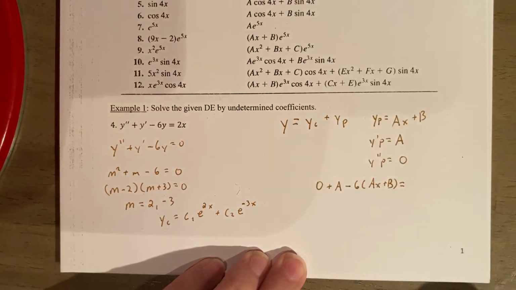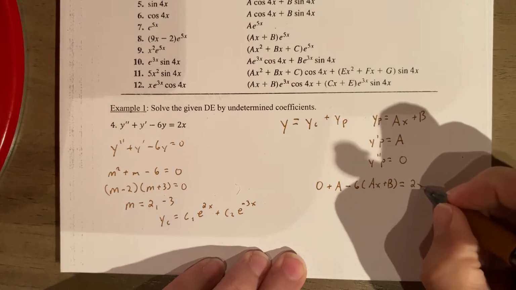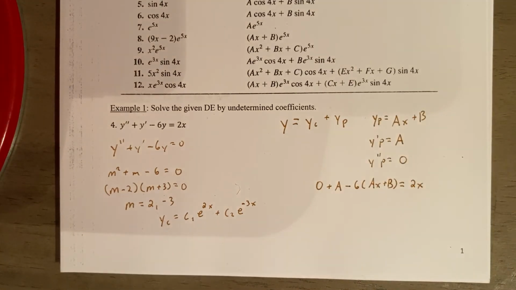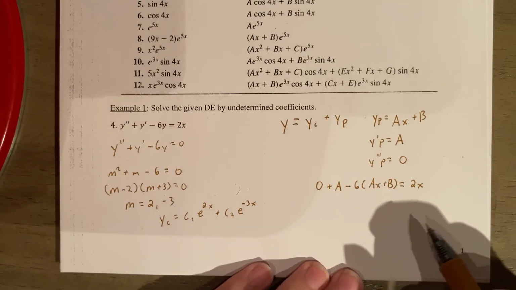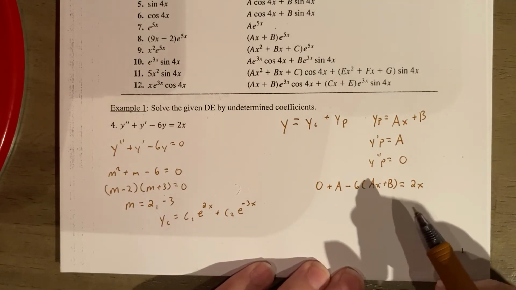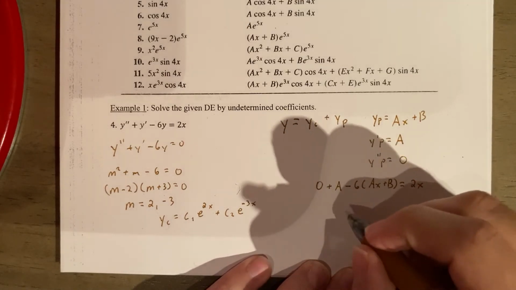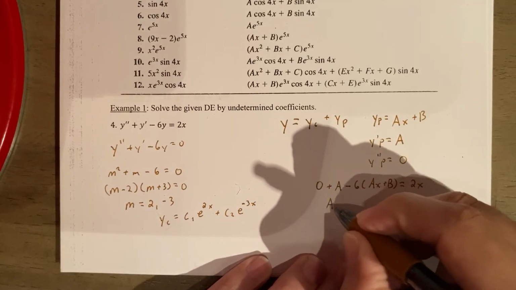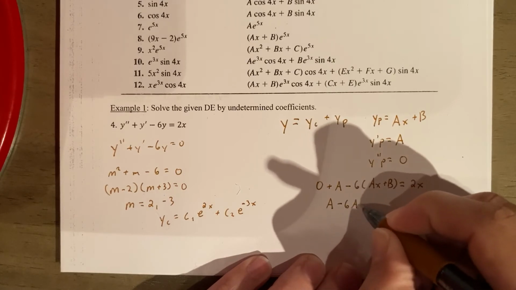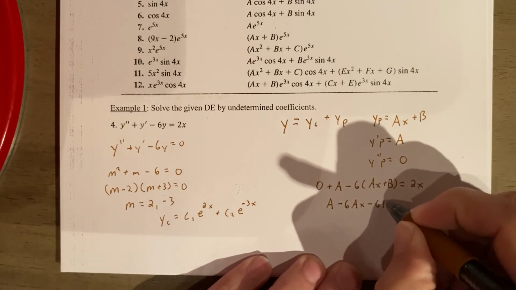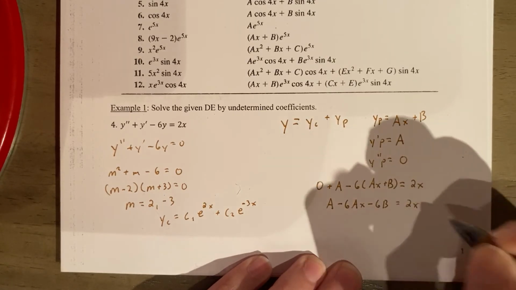And I'm going to set that equal to 2x. Now, what we're going to do is try to combine everything that we can so we can keep it in the form of ax plus b. So I'm going to distribute my negative 6 and get a minus 6ax minus 6b, and that equals 2x.